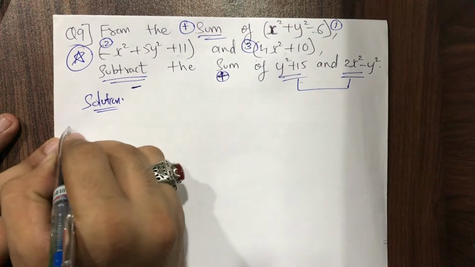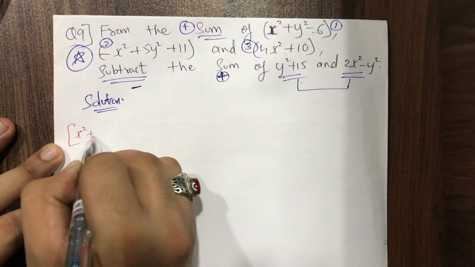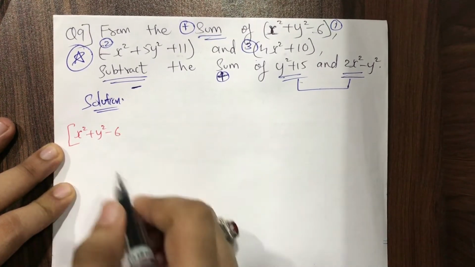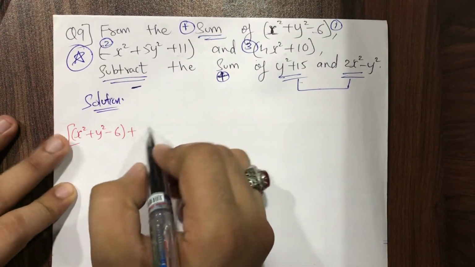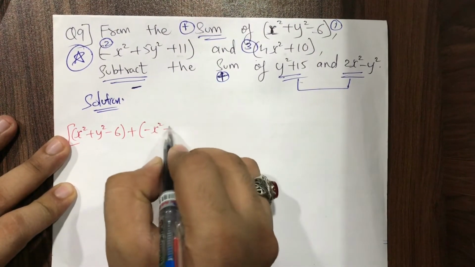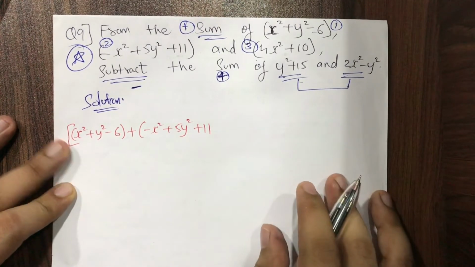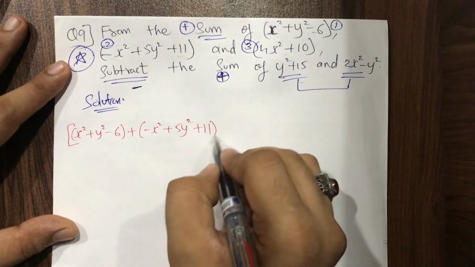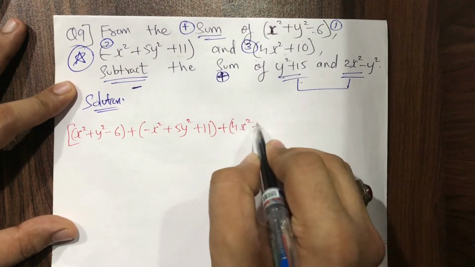This first bracket here, it's how much? X square plus y square minus 6, plus this one, minus x square plus 5y square plus 11, plus 4x square plus 10.